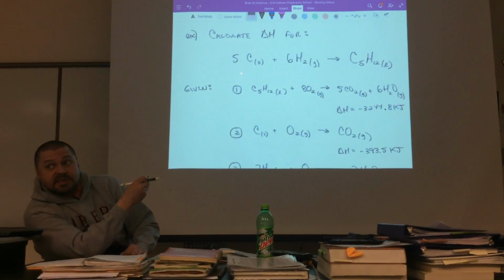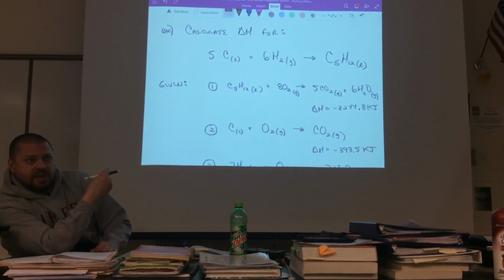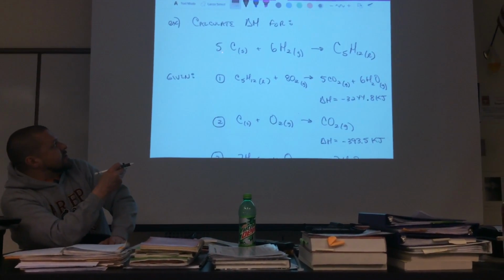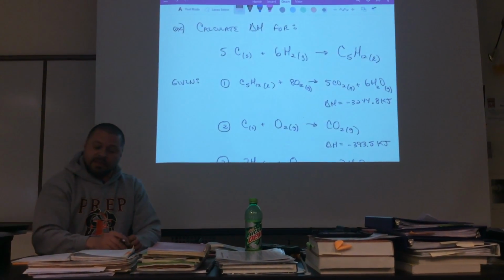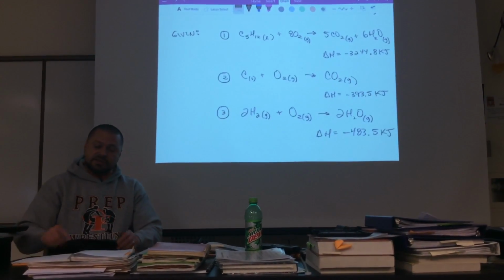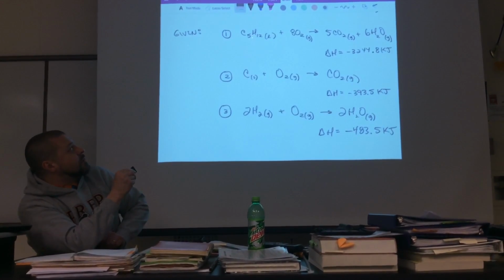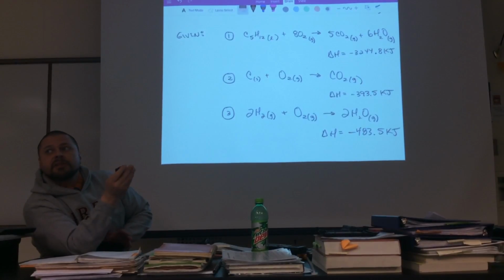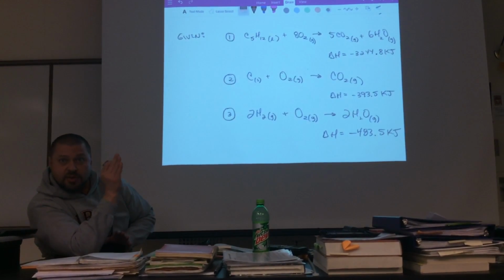Notice that there's a state there too. I have to pay attention to states as well. You can't treat a liquid like a gas or a gas like a liquid. They have to match. So I need 5 carbons here. Then I look at the equations I have to choose from. Fortunately, carbon is only in one equation. If carbon was in this equation and this equation, there wouldn't be a clear-cut choice of which one to use. So you want to focus so you don't have choices.